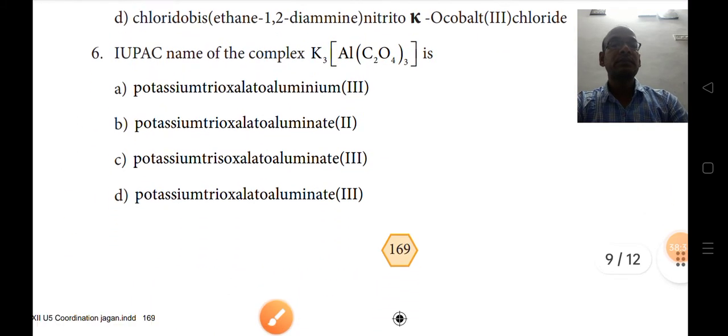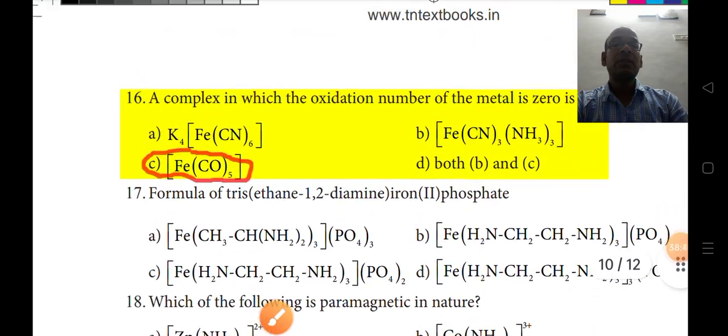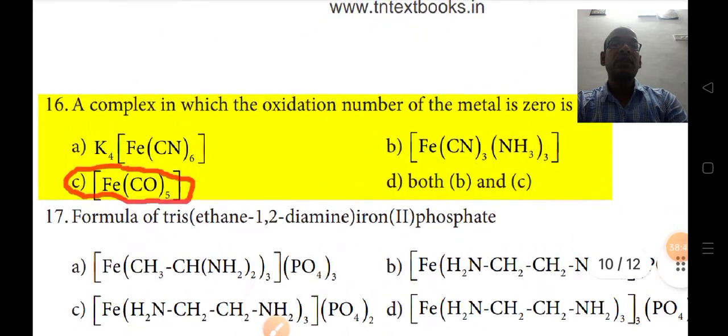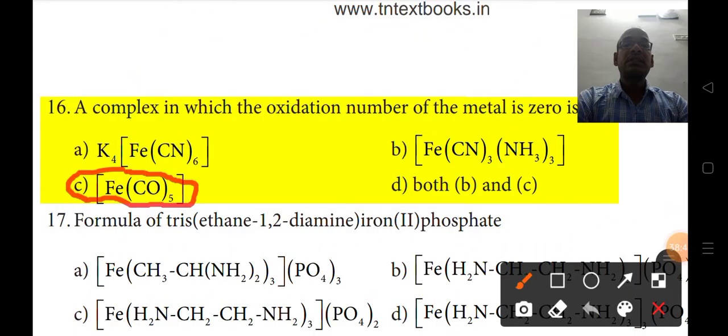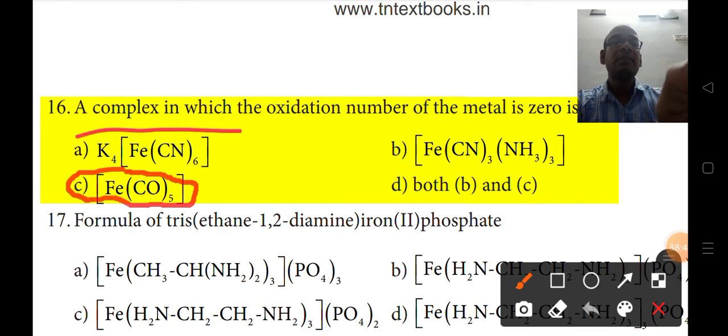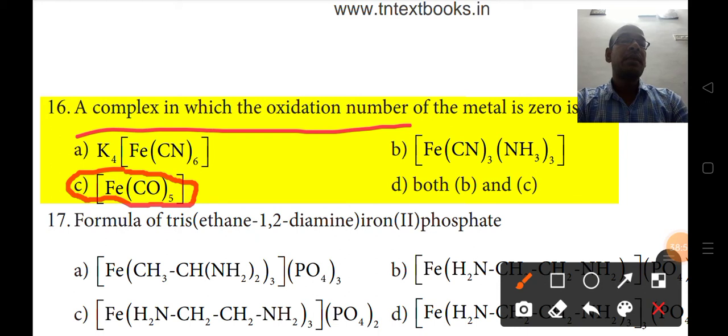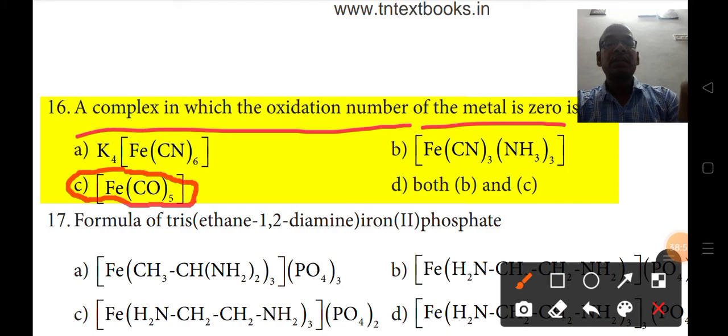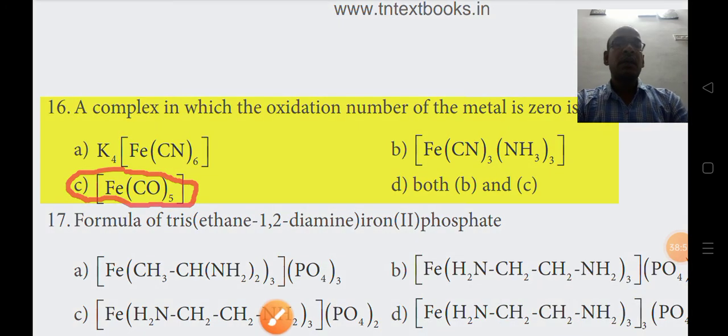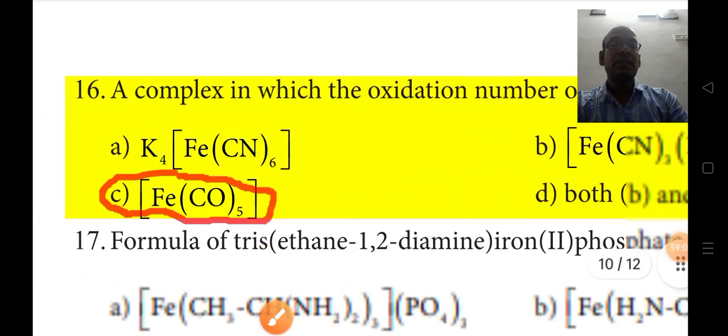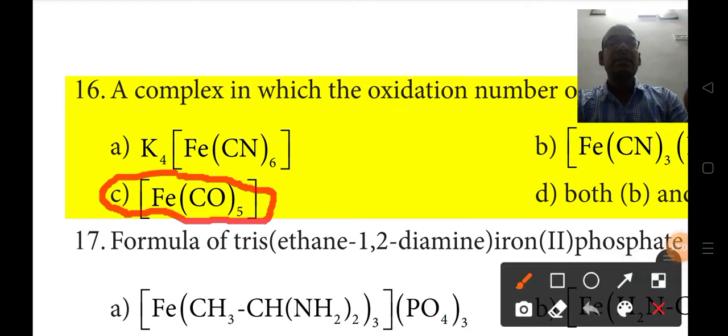Next question. Question number 16. A complex ion in which the oxidation state of the metal is 0. Find the correct option. For the first complex, the oxidation state is simply +2.